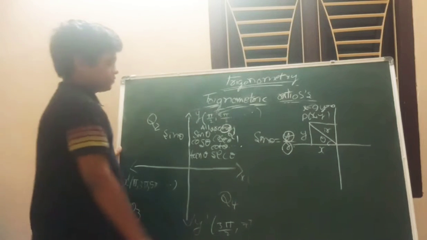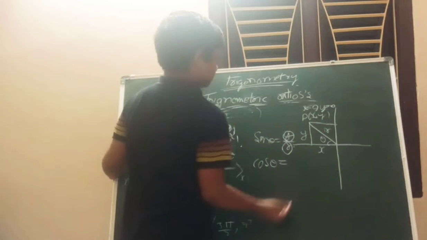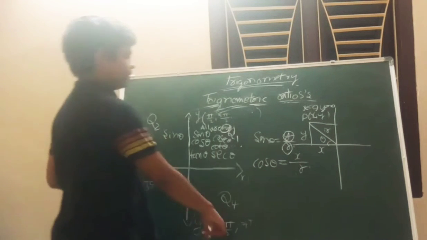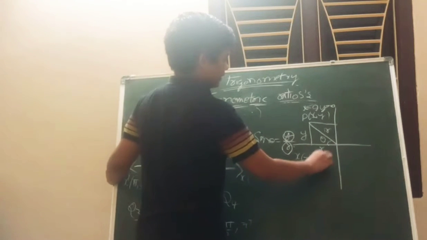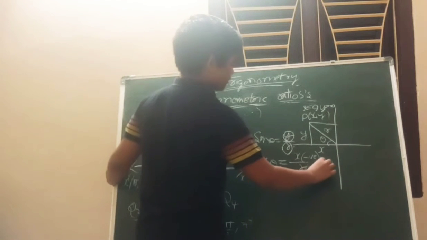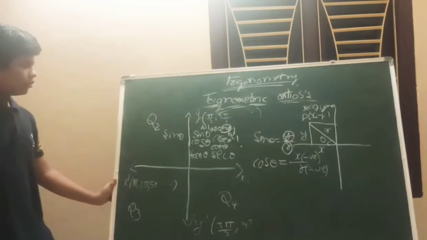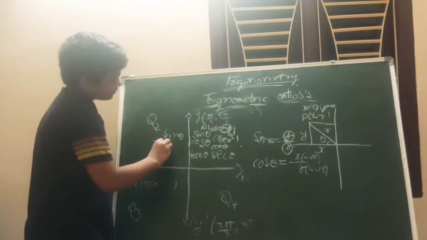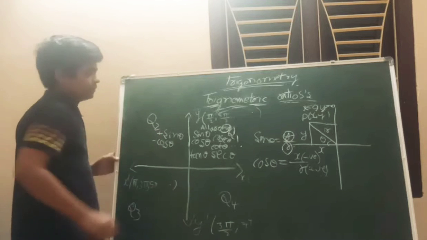The second one is cos theta, that is the adjacent side to theta by the hypotenuse, x by r. Here x is negative and r is always positive, so negative by positive is negative. So in the second quadrant cos theta is negative.